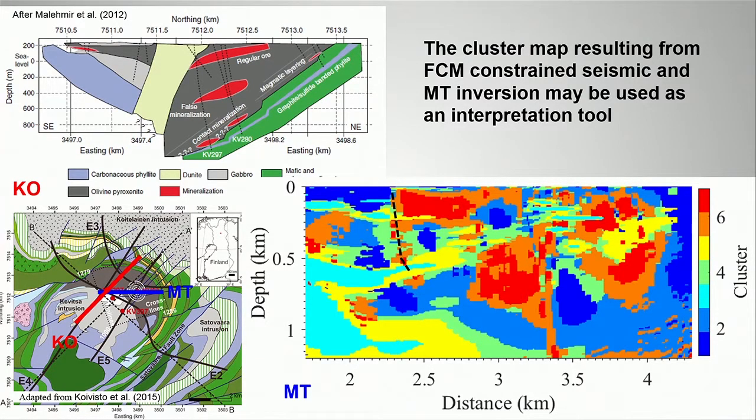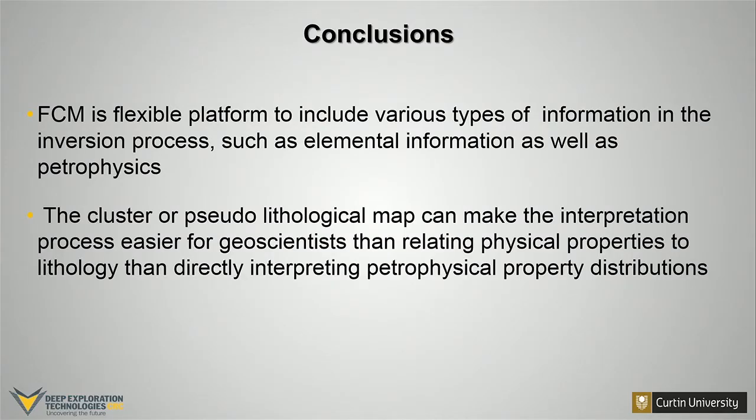So if we can make the model become a very simple format of image, that can make the geologic interpretation easier than using the acoustic impedance model or resistivity model.